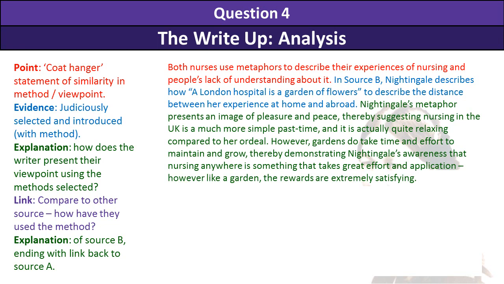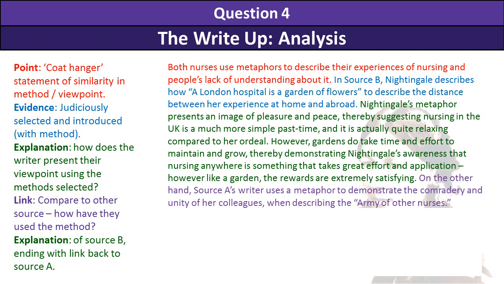Now, my explanation is not massively long. It's not like question 3 where I've got layers and layers and layers of ideas, but it's completely driven by the method choice. I talk about why Nightingale used that metaphor, what that metaphor tells us about her attitude to nursing, and I'm looking at it in 2 different angles. So I layer up a couple of different ideas in what way nursing must be like a garden of flowers.